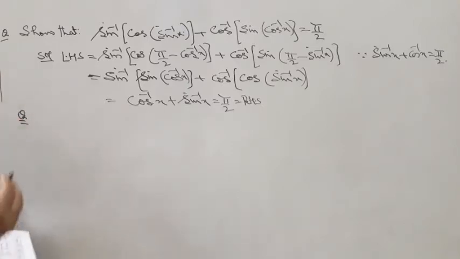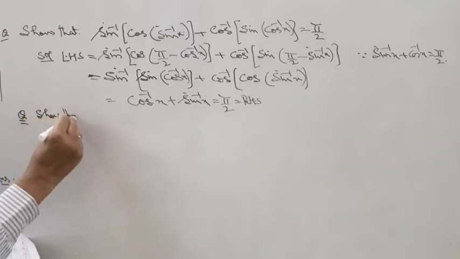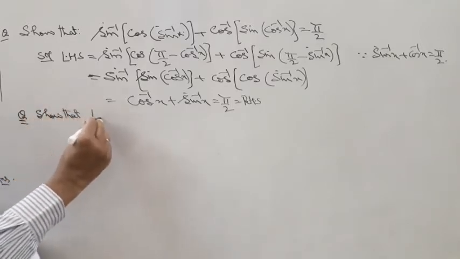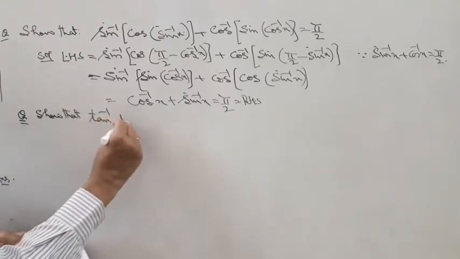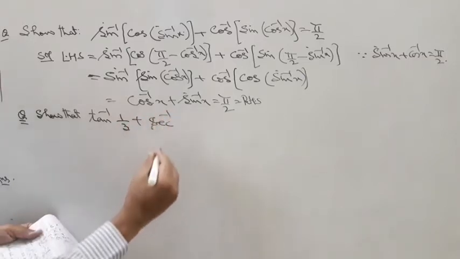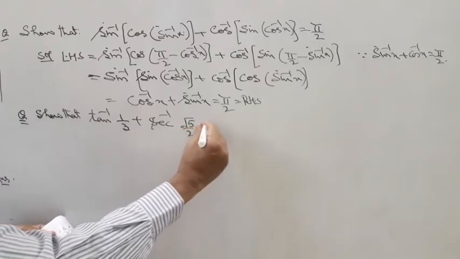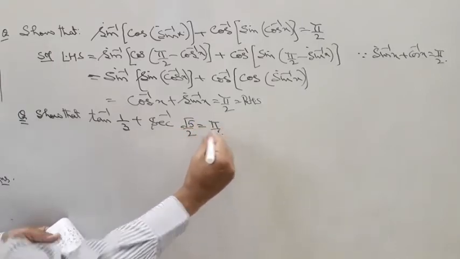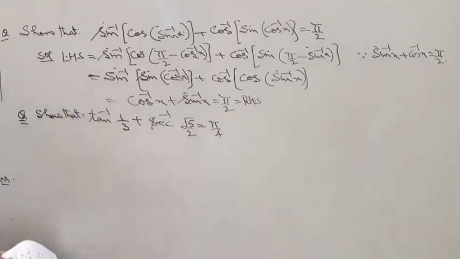He says show that tan inverse of 1/3 plus secant inverse of √5/2 is equal to π/4. Therefore, the question is very simple. Only a simple step you will have to remember.